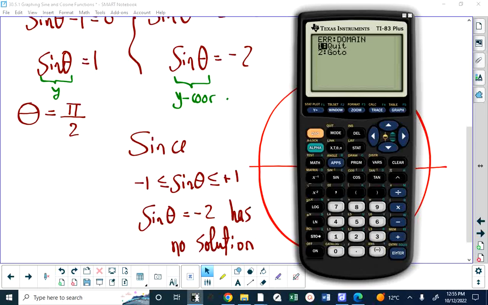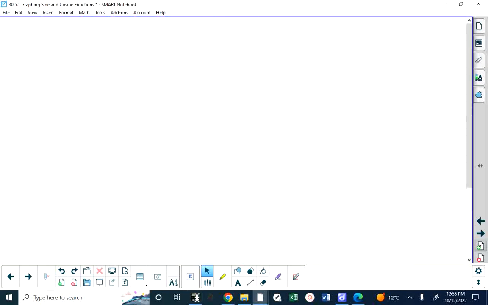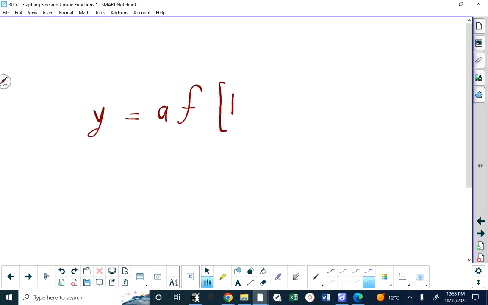All right, we have, in this course, when we talk about y equals a f of b bracket x minus h bracket plus k, we've used this a lot. I mean, we've kind of learned it within the first 2 or 3 days.